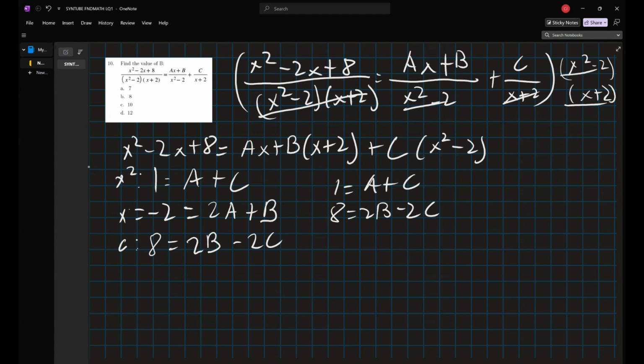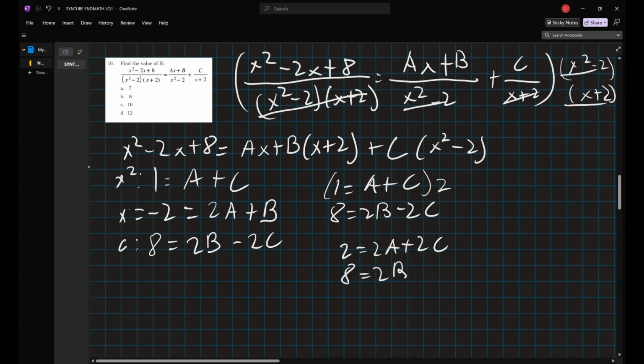So how do we do that? We do that the same way we did with other problems, in which we multiply one equation by a value so that we can cancel one variable. In this case, we can multiply the first equation by 2 so that we can cancel c. So that would give us 2 equals 2a plus 2c and 8 equals 2b minus 2c.